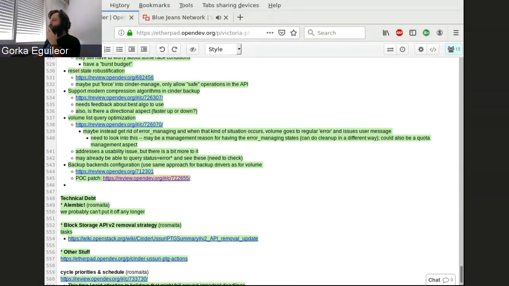If we can have multiple backup drivers, how would that interact with the existing option in the backup service that lets you run multiple processes? Would that apply to each of the backends, or how would that go?